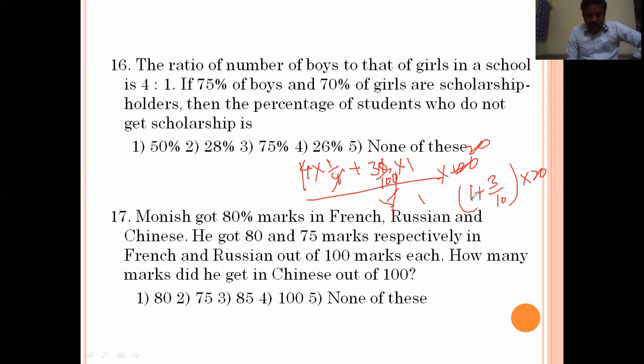Here 10 is the LCM, 10 plus 3 is 13, 13 by 10 into 20, zeros get cancelled, 13 twos are 26. 26% is the right answer. So option number 4 is the right answer.